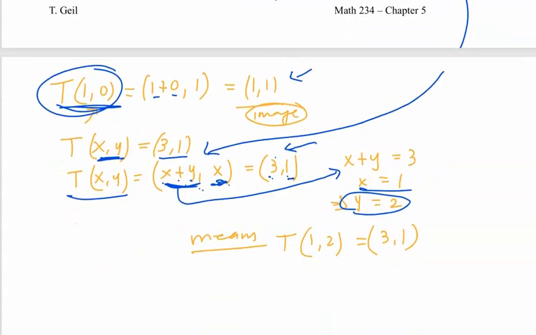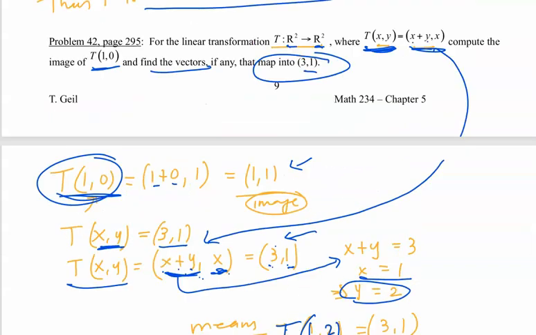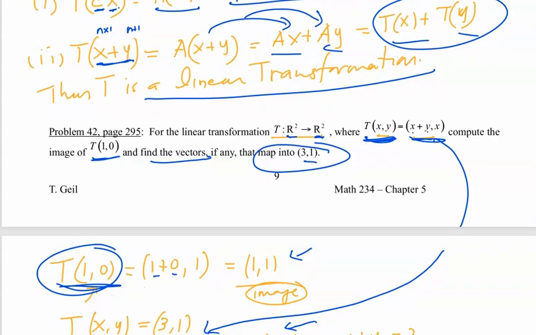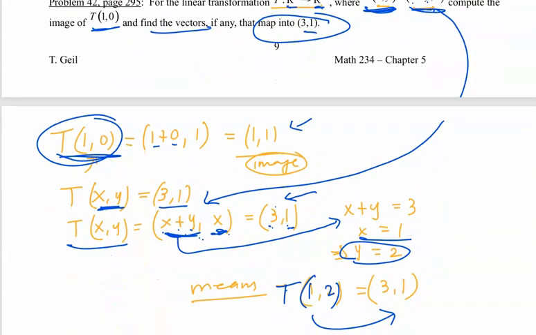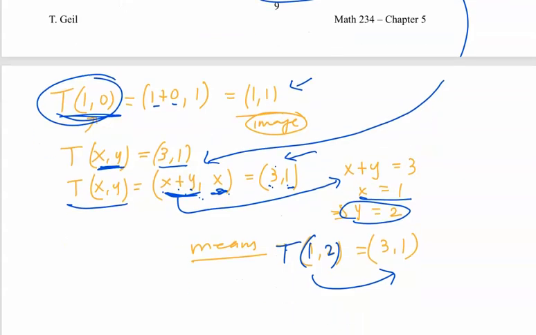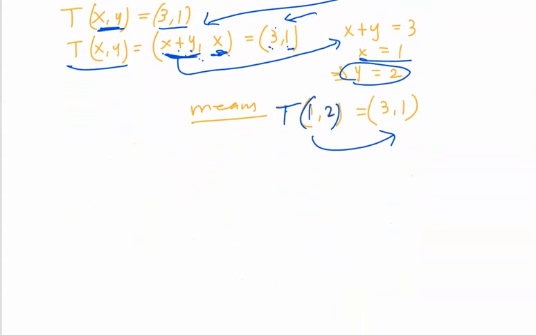So what does this mean? The transformation takes the vector (1, 2) to the image (3, 1). It's matrix vector multiplication also: when a matrix multiplies a vector, it transforms that vector, so it lands in a different place, a different vector.